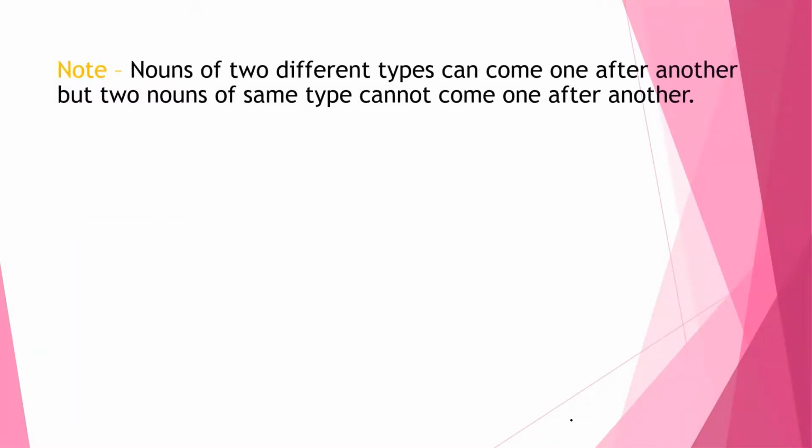Note. Nouns of two different types can come one after another, but two nouns of the same type cannot come one after another. For example, if I say Ram Shyam, it doesn't mean anything. But if I say Ram and Shyam, it means something, but it's not one after another.